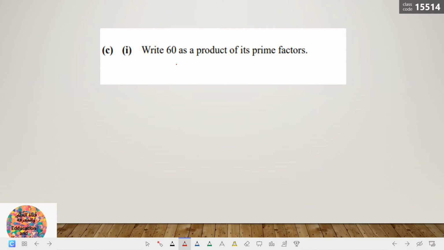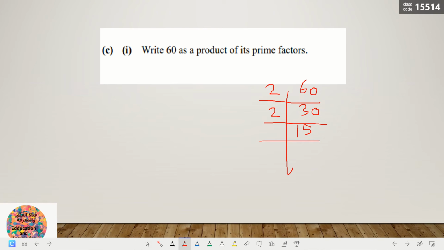Now I have to write 60 as a product of prime factors. You know the prime factors, it's easy, you can use the ladder method. You can do it like this. Here you can start by dividing by 2, which is equal to 30. Then you can divide by 2 again, because 2 is a prime number, which is equal to 15.